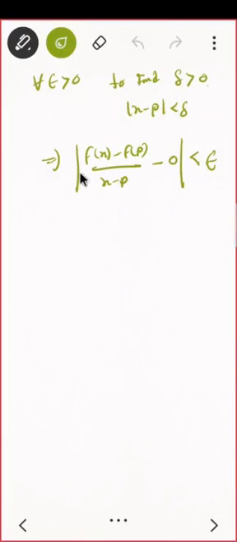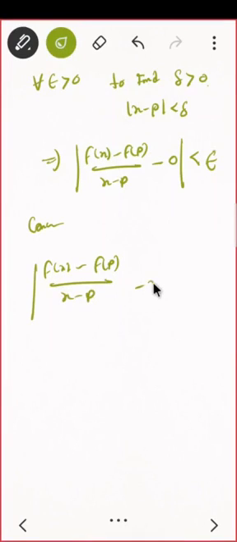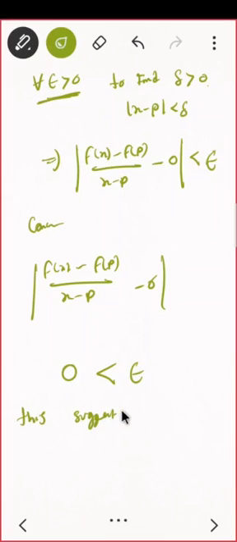You see, if you consider this, then f of x minus f of p upon x minus p minus 0, that is again 0, which is always less than epsilon because your epsilon is a positive number. So you can take any delta, you don't have to struggle for your delta. This suggests we can choose any delta positive.